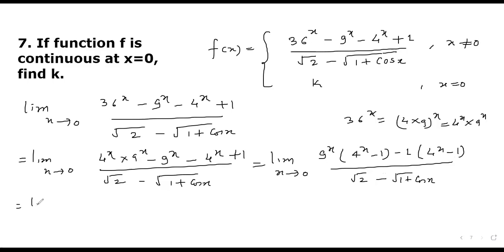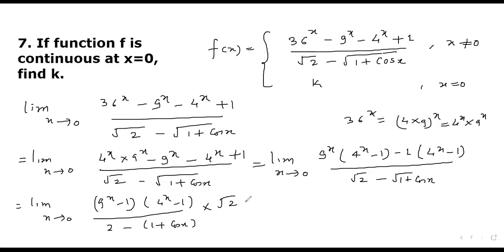Now we write limit x tends to 0, and it will become 9 power x minus 1 times 4 power x minus 1 divided by, we rationalize the denominator, so it will become 2 minus (1 plus cos x) times root 2 plus root of 1 plus cos x.